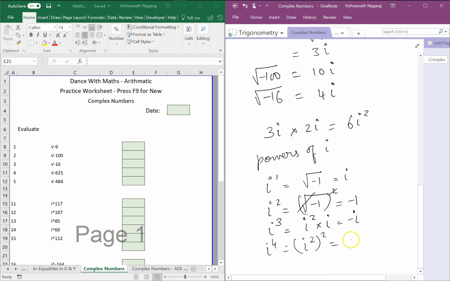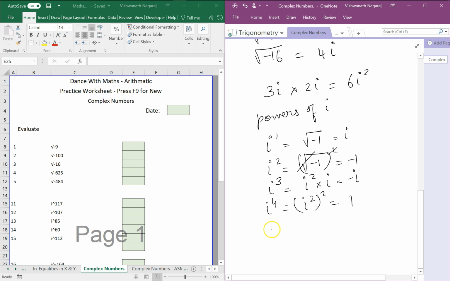Minus 1 square is plus 1. i5 is i4 times i. Now we know i4 is 1, so i5 is i. i6 is i square to the power of 3, which would be equal to what? i square is minus 1. Minus 1 to the power of an odd number is minus 1.